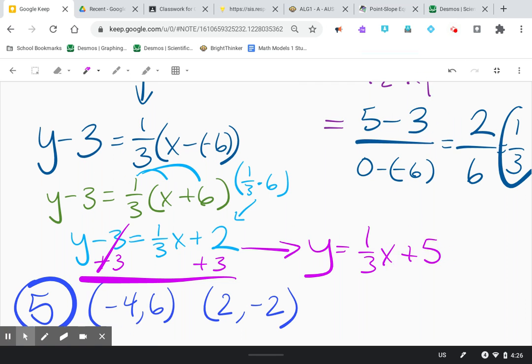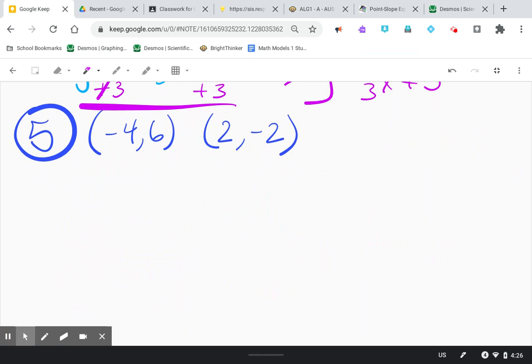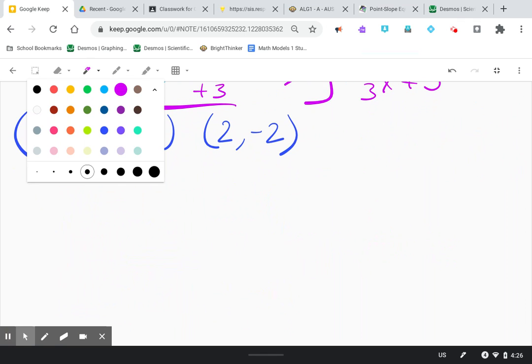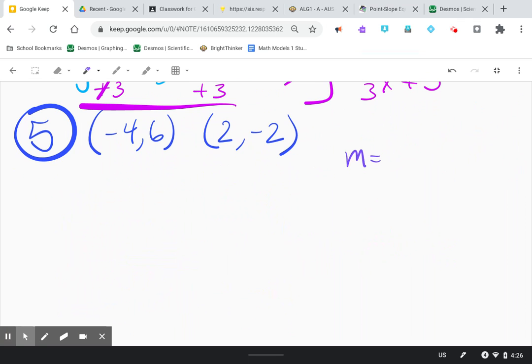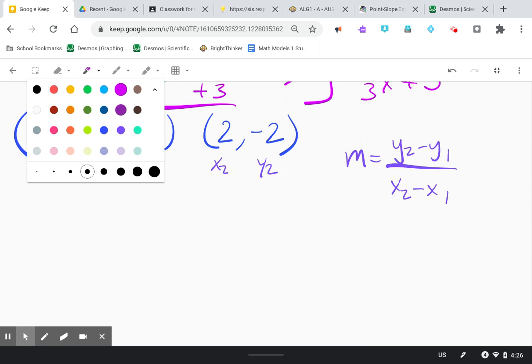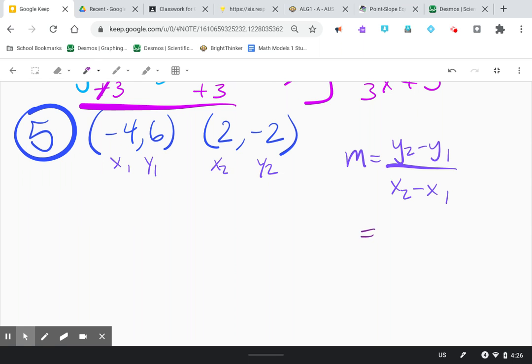All right, let's do one more example of this. So again, I get 2 points. I'm going to take those points and go find the slope. The slope formula again is y2 minus y1 divided by x2 minus x1. We're going to say this is x1, y1, x2, y2. Then I'm going to plug those numbers in.